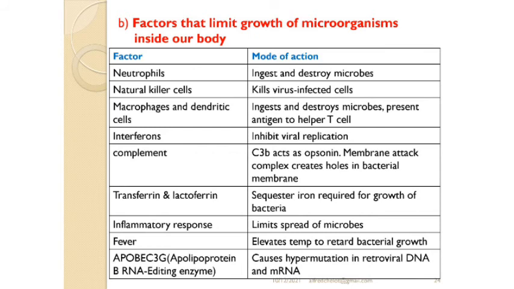Fever is another factor. It elevates temperature to retard microbial growth. And lastly, we have a factor called apolipoprotein B RNA editing enzyme. What this does is cause hypermutation in the retroviral DNA and mRNA.